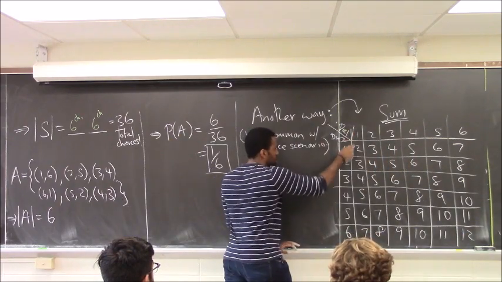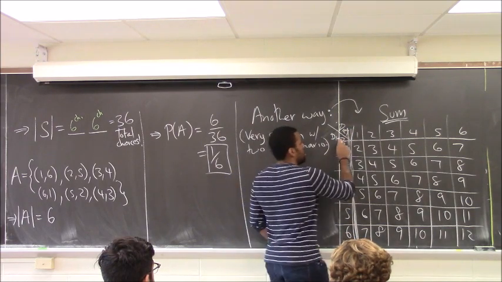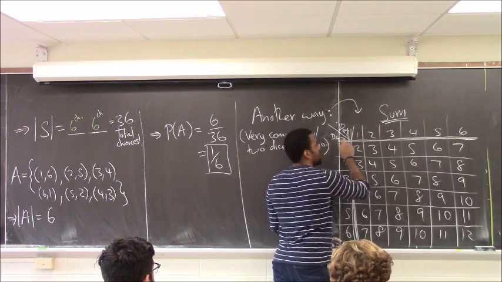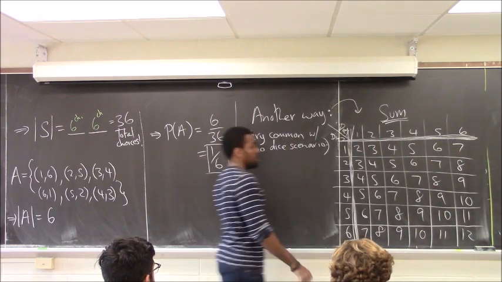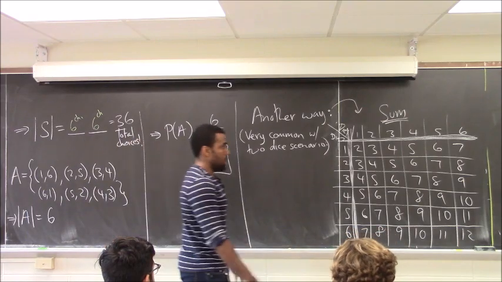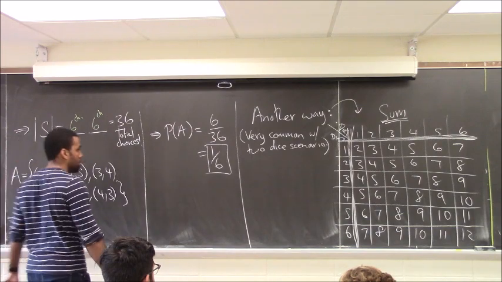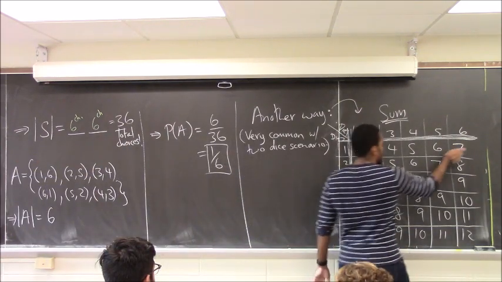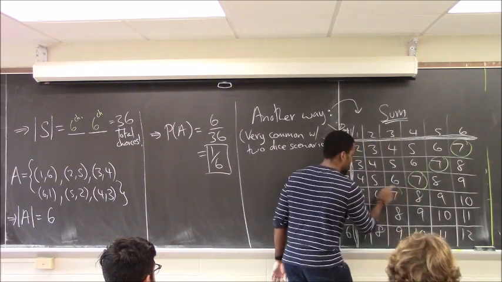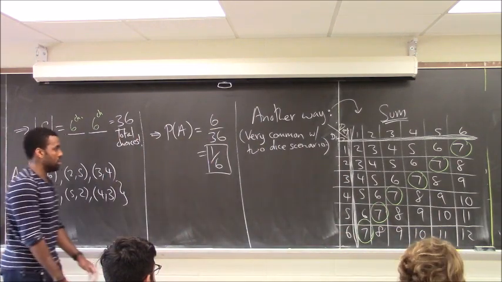These numbers aren't in the table, this is the heading. So there are 36 possible ways for the sum to happen, and I would count the number of ways for the particular sum I want. So there's 1, 2, 3, 4, 5, 6 ways to get a 7.